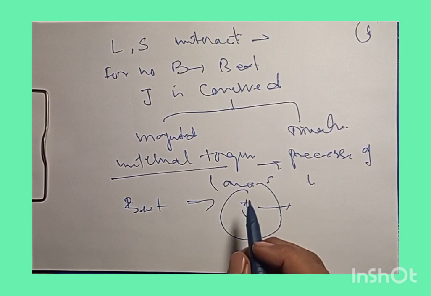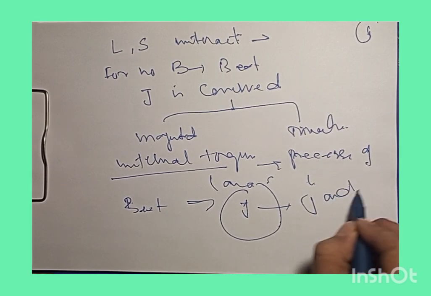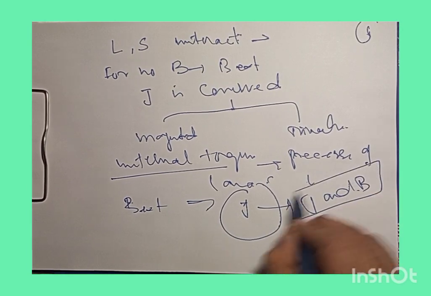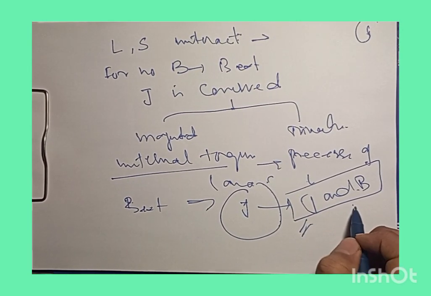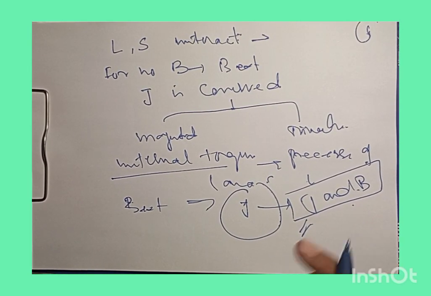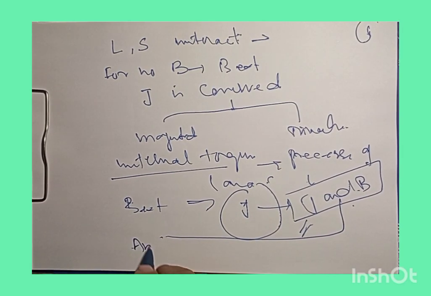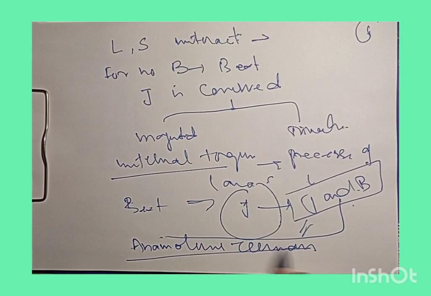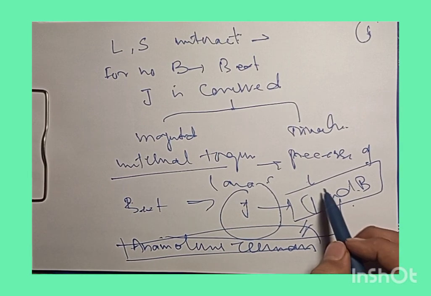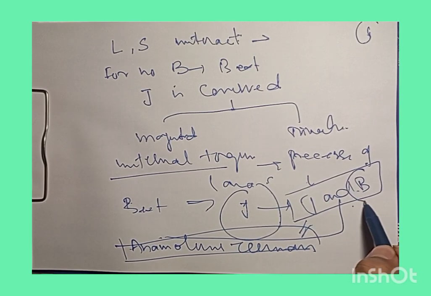And this precession of the total angular momentum J about B is what gives rise to the anomalous Zeeman effect. So this becomes the basic root cause, the precession of the total angular momentum in the external magnetic field.